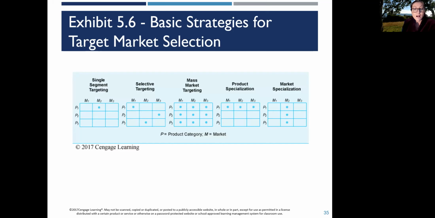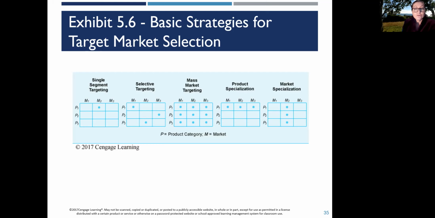When you are deciding which segments to target, you can look at targeting a single segment in the marketplace, right? So in this case, you have one product and marketing specifically designed to communicate with the single segment that you are intending to target.